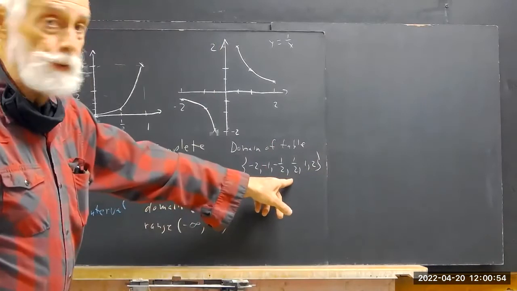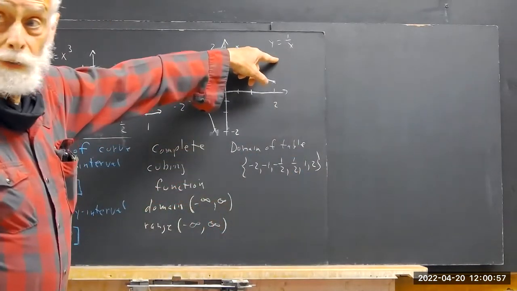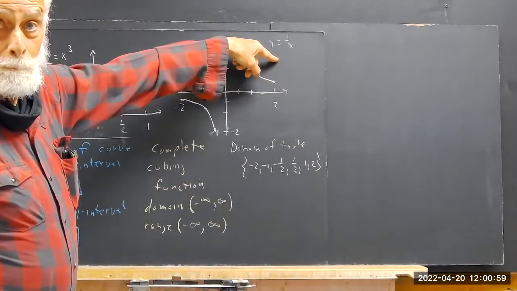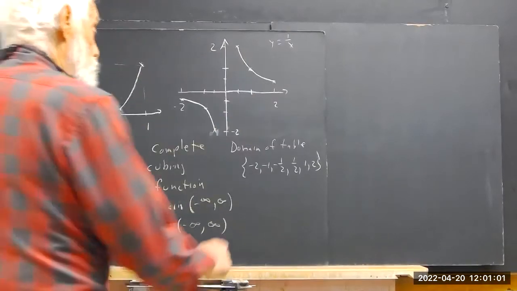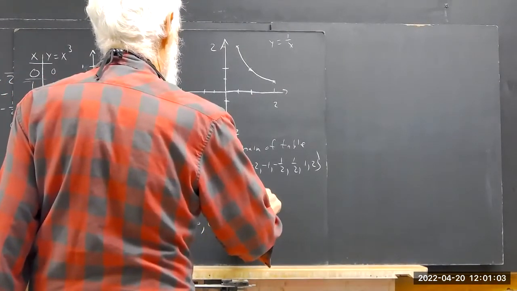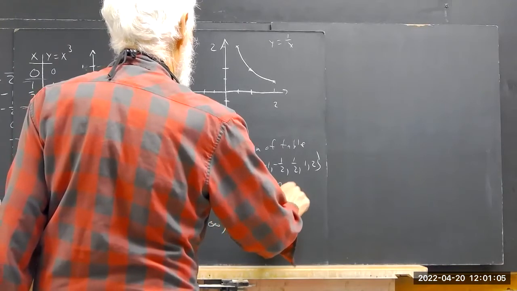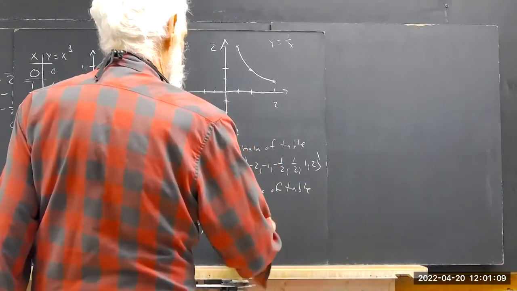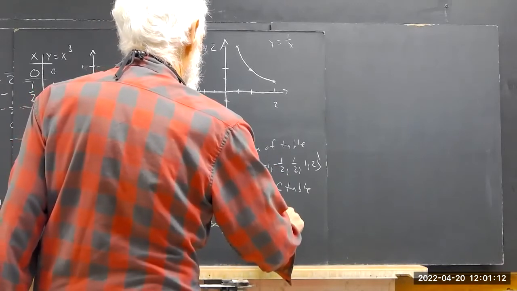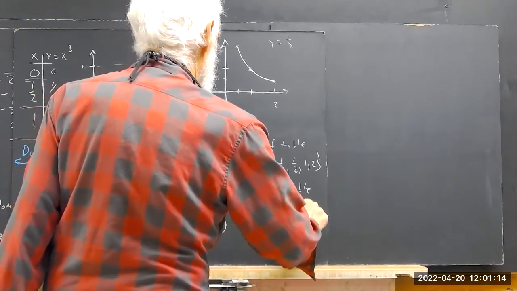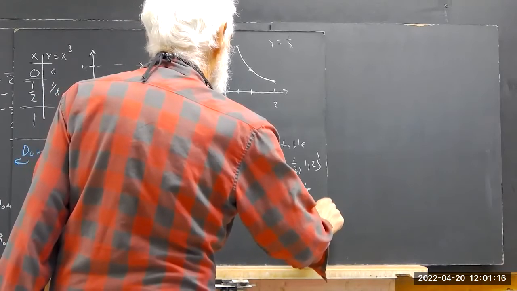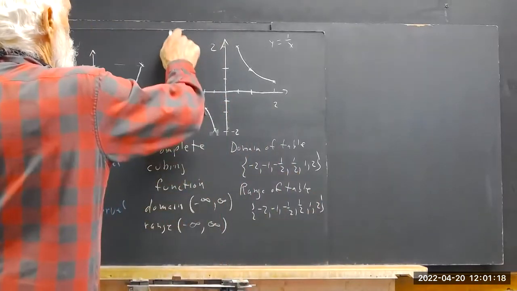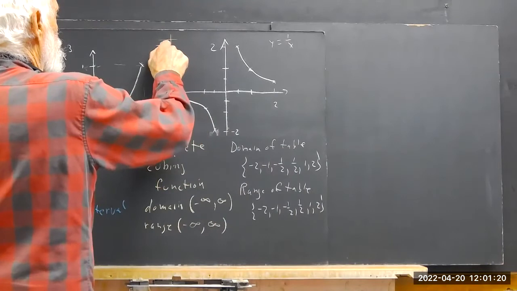It doesn't include 0 because 1 over 0 is not defined. The range of your table is -2, -1, -1/2, 1/2, 1, 2. Because of course, if you do your table, and I'll write it out.